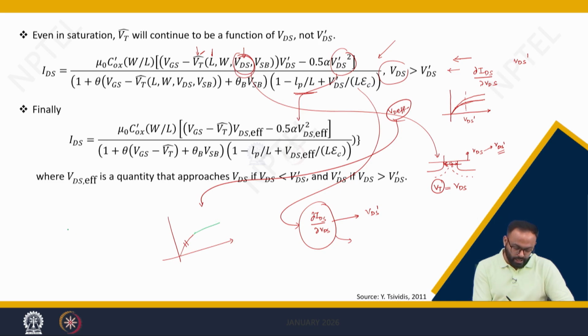So you need to write an if statement in your code, meaning you will mention that if VDS is less than VDS dash, then you will follow the equation for non-saturation, and if VDS is greater than or equal to VDS dash, then you should follow the current equation for saturation. So, to avoid this discontinuity, you can simply use VDS effective.